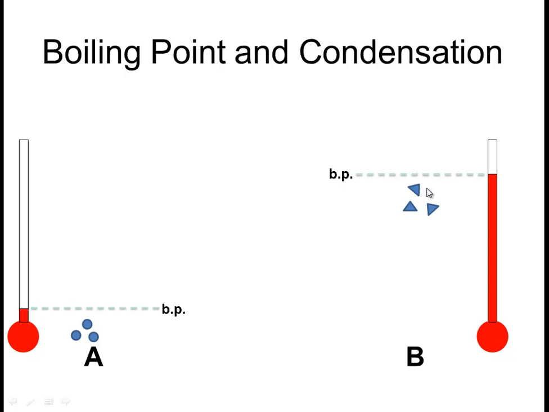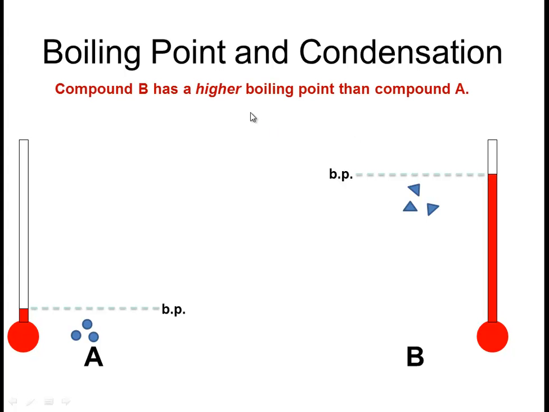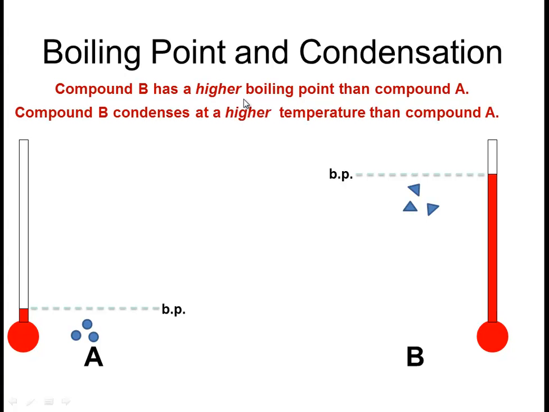And so the boiling point would be defined right here. I think you can see we're going to be able to make two statements. First of all, we can say compound B has a higher boiling point than compound A. And we can make the equivalent statement that compound B condenses at a higher temperature than compound A.